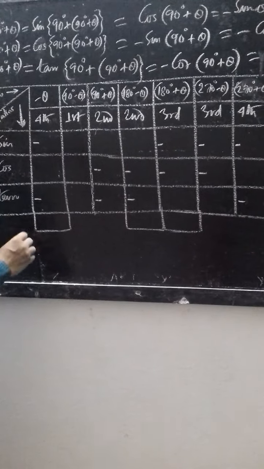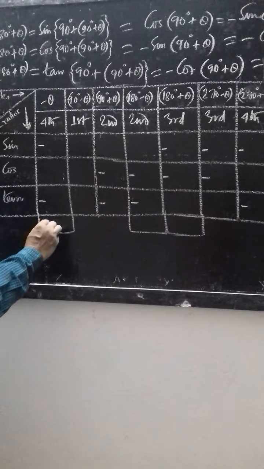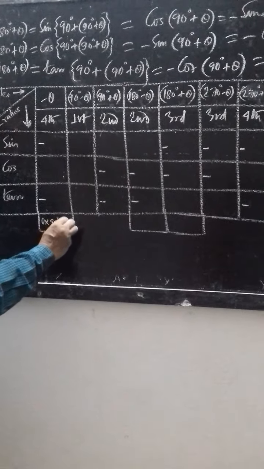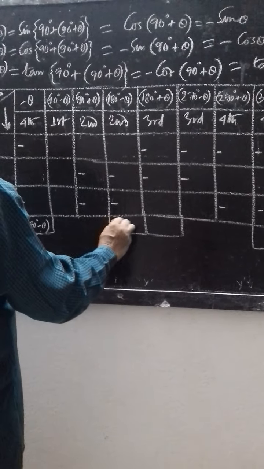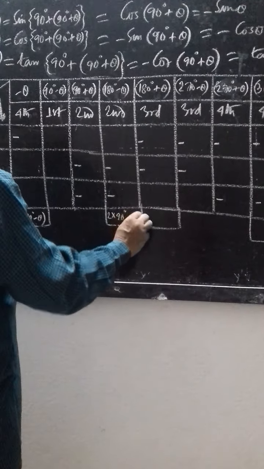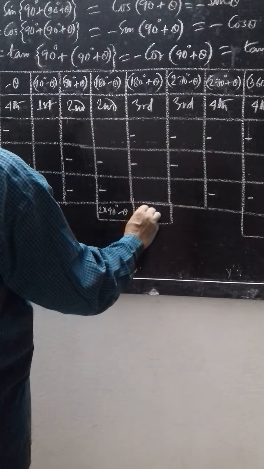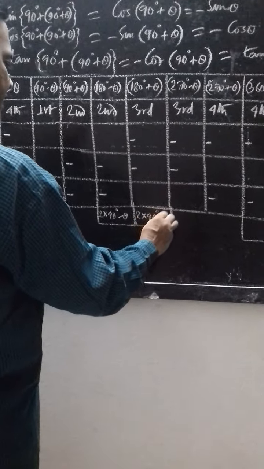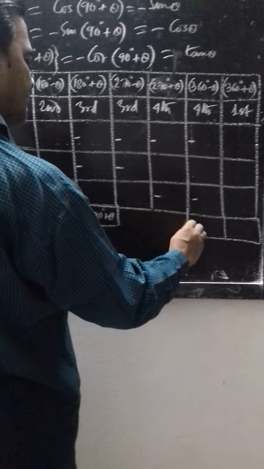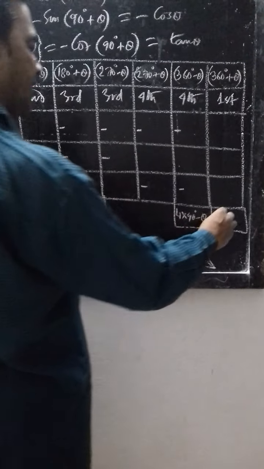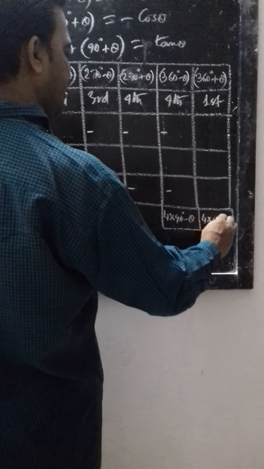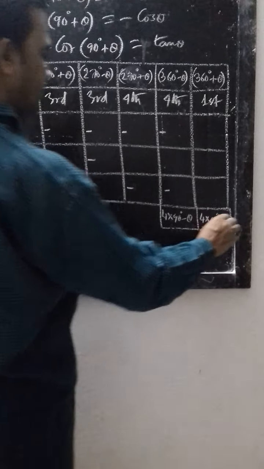Now minus theta can be written 0 into 90 minus theta. 180 minus theta, 2 into 90 minus theta. This is 2 into 90 plus theta. This is 4 into 90 minus theta, and this is 4 into 90 plus theta.